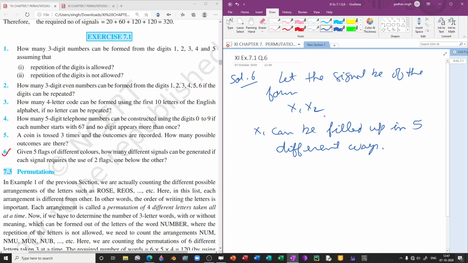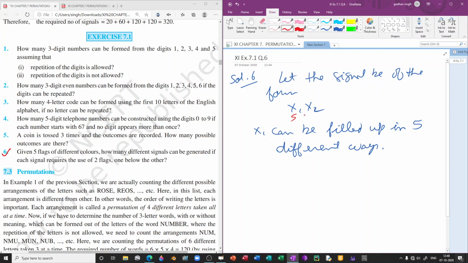So out of 5 flags we have used 1 flag here, and since 1 flag has been used here and the signal should consist of 2 flags, we'll use one more flag at x2. But for x2, how many flags can we use now? Out of 4 flags, because 1 flag has been used for x1, only 4 flags are remaining now. Out of 4 flags we can use any one.